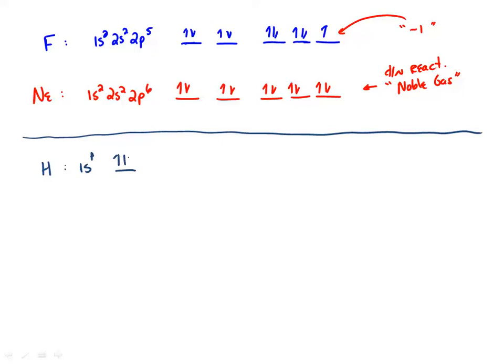So I'm going to go a little bit backwards and point out something. What am I writing the electron configurations for?